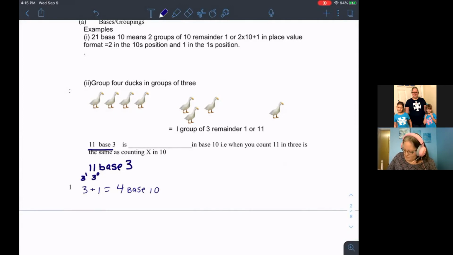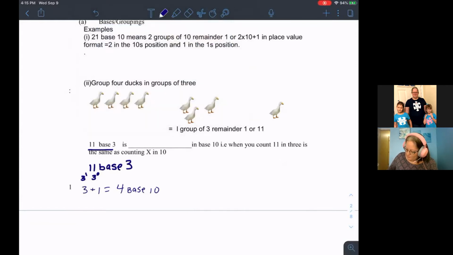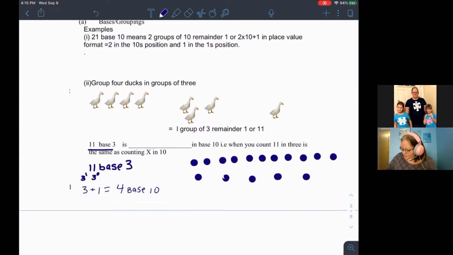So this is the same as saying, if you had 1, 2, 3, 1, 2, 3, 1, 2, 3, and then 4, 5, 6, 7, 8, 9, 10, 11.